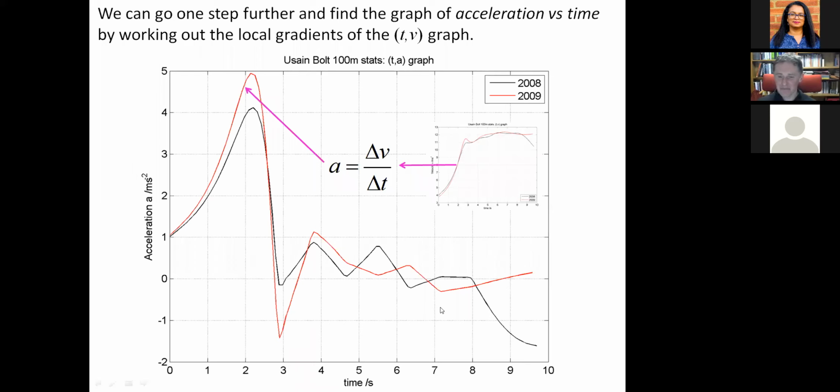So there we are. Anyway, what we can do is multiply all points on this graph by Usain Bolt's mass. I don't know, maybe he's about 90 kilograms, maybe 100 kilograms. I have to find out. And then you will have the force, the vector sum of force on Usain Bolt. That's really useful because you can work out how many newtons his muscles are working, not just against gravity, but propelling him forward.